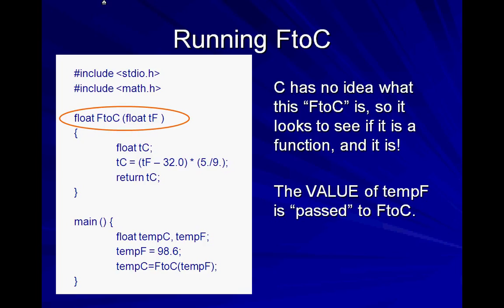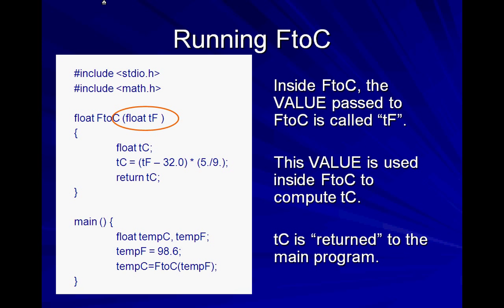On the other hand, just being able to use sine or cosine or tangent or whatever, the execution of the program leaves the main program and goes off to some math library and just uses the code somebody else wrote and tested and debugged and made sure it works. That's brilliant. It's just getting reused over and over again. It's perfect. The same function can be used over and over again. In this case here, notice I have in my program, we did the FtoC function twice. We invoked it twice. We got to reuse our code.